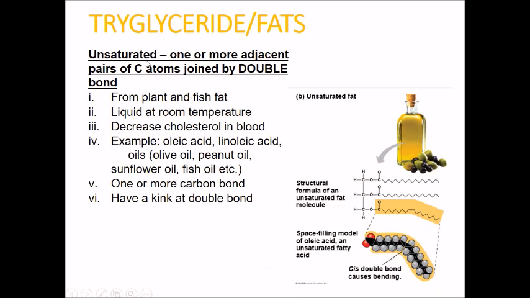Compared to unsaturated fatty acid, as you can see over here, unsaturated fatty acids normally can be found in plant or fish fat, which we call plant oil or fish oil, such as olive oil and fish oil.